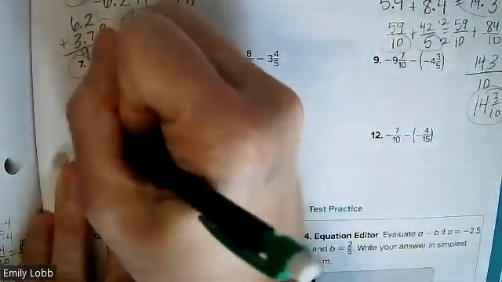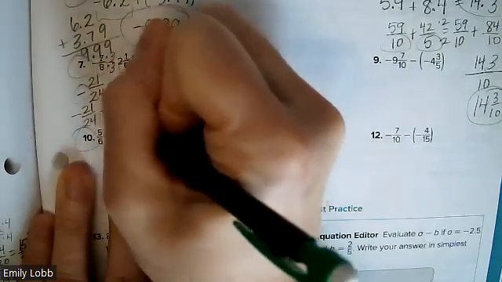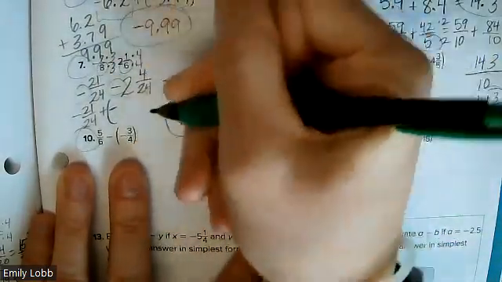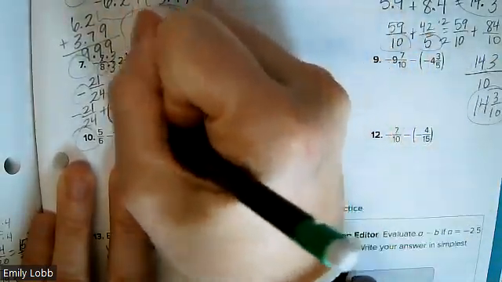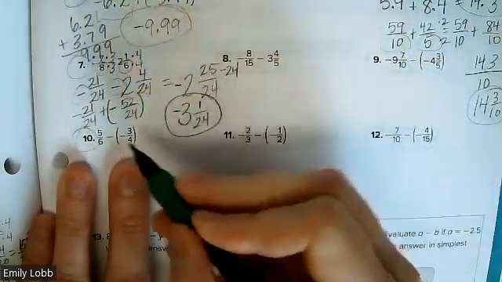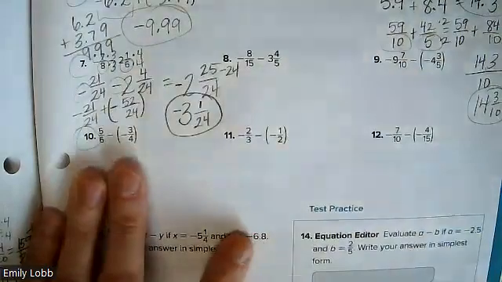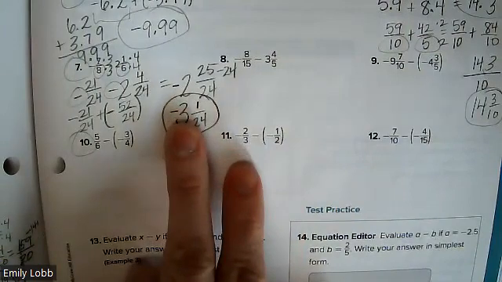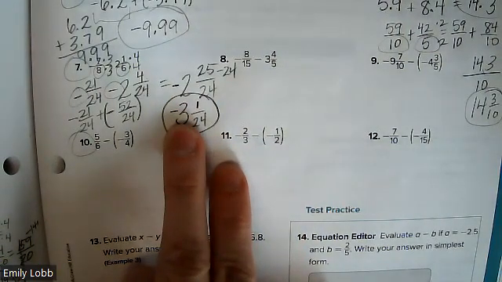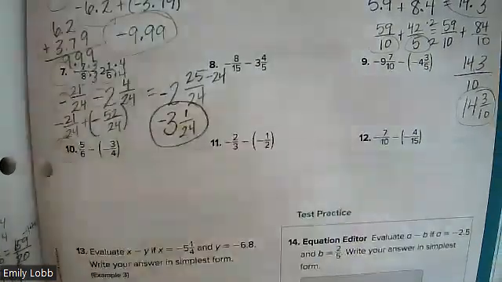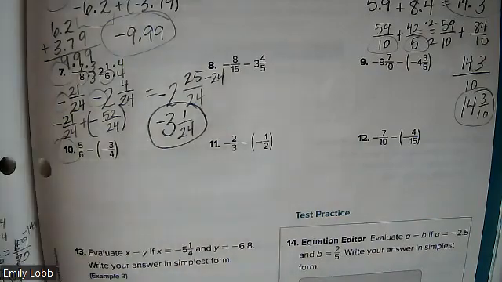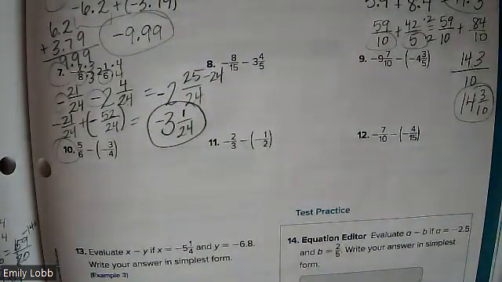So you have negative 2 1/24 plus a negative 2 times 24 is 48, 48 plus 4 is 52. So 52 and 21 would make 73. 73 divided by 24 would be 3. 3 times 24 is 72. So 73 minus 72 would leave us with one of those 24. So either way you do it, you should end up with negative 3 and 1/24.